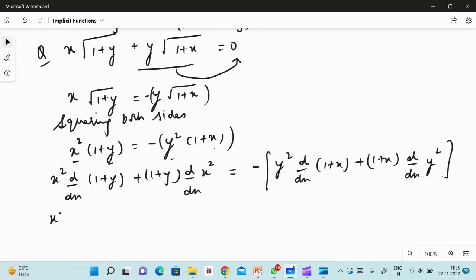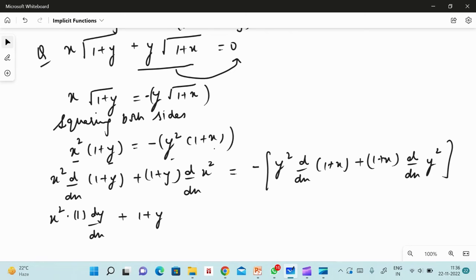So if I solve this, I will get x square into 1. The derivative of 1 is 0 and the derivative of y is 1. So 0 plus 1 is 1, 1 into dy by dx.